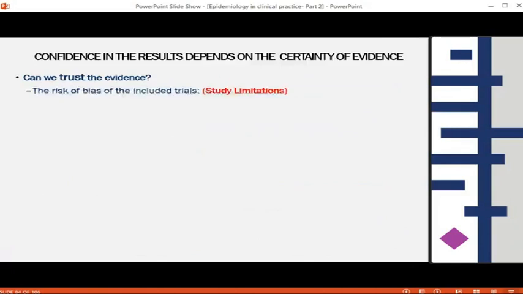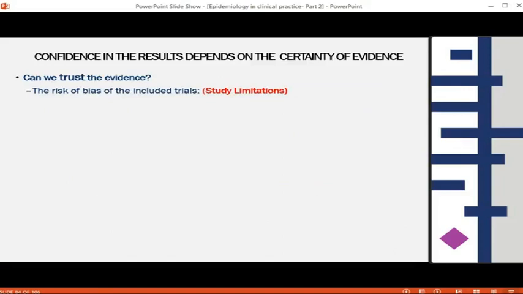Okay. So to get this confidence assessment, let's take the outcome of death between steroids versus non-steroids. We look to see how many studies contributed to this meta-analysis. And we presume that any systematic review of randomized controlled trials is going to be good quality. So it starts as high quality evidence, high confidence evidence.